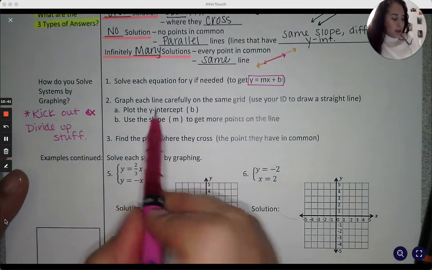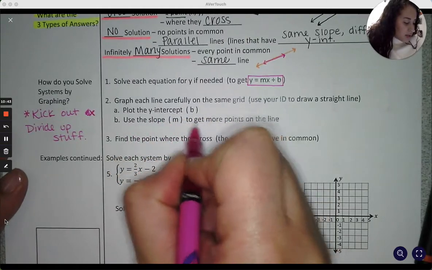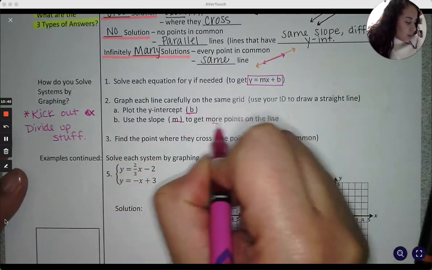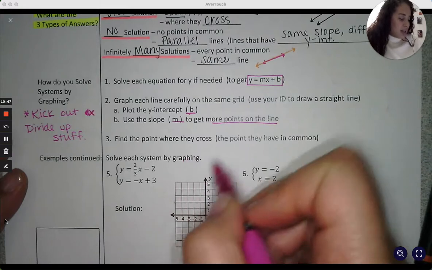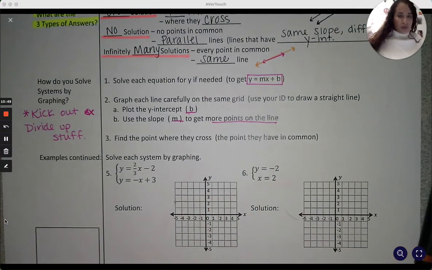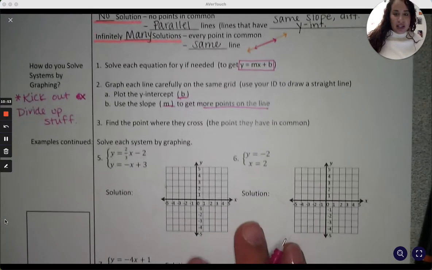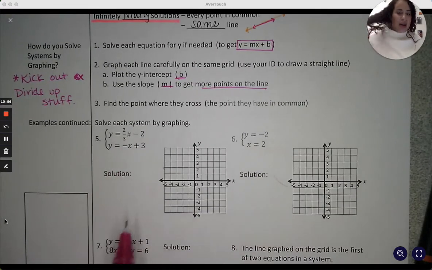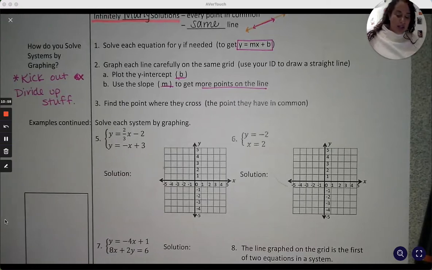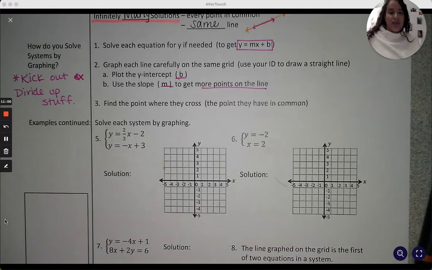Plot your y-intercept. Use your slope to get more points on your line. Connect the dots. What do they have in common? So solve each system by graphing. Again, we can do this by hand. We can do this in the calculator.